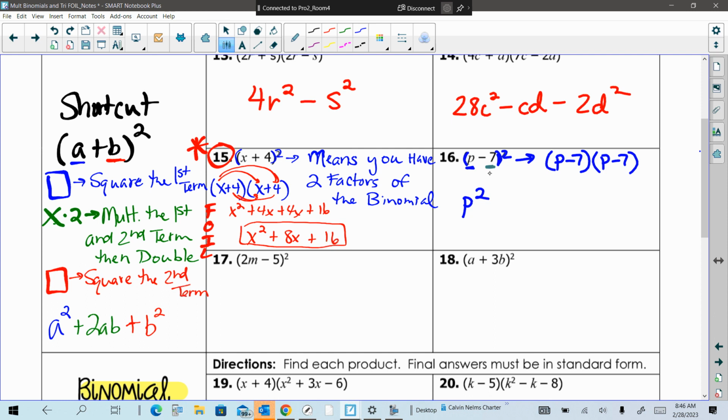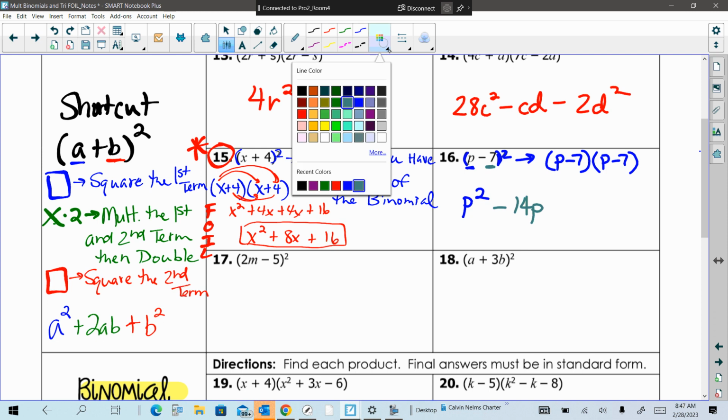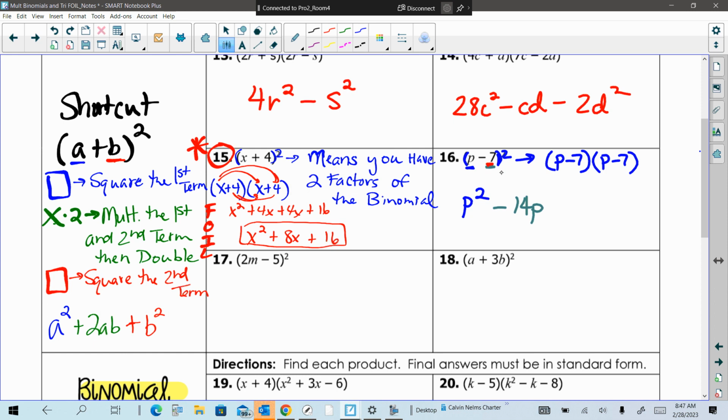Then we double that, so that becomes a negative 14p. And then square the second term. The second term is the 7. If I square negative 7, it is a positive 49. So there's the answer. Anytime I square a binomial, I'm going to square the first term.